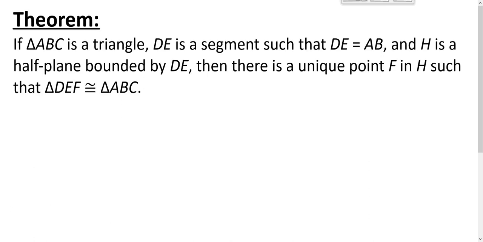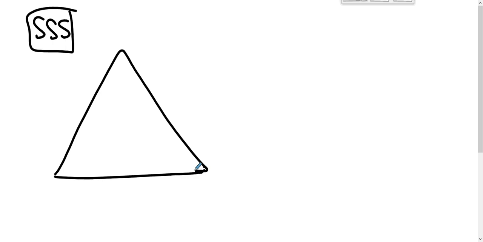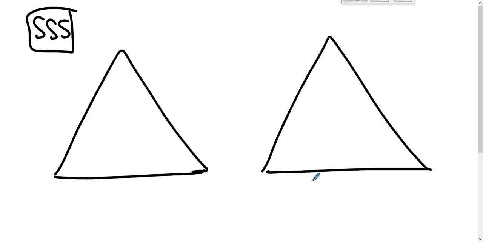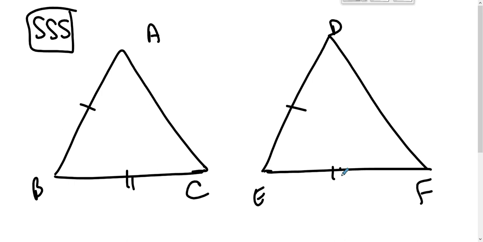A couple of real quickies here. You're going to prove this one, so I'm going to let that go. Side side side is also a thing. Side side side is the one that to me is most intuitive and the one that nobody postulates. And in fact, the author of your book has a proof of side side side that uses like 5 different cases, and you should read it, because you should read mathematics and you should know how things go.